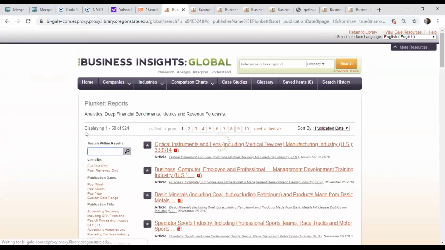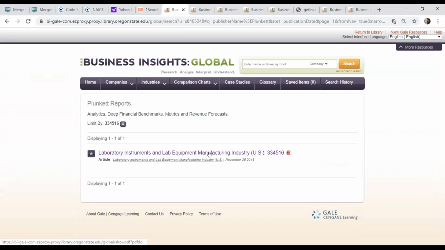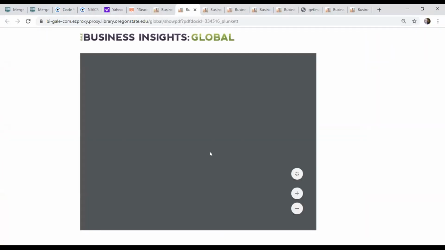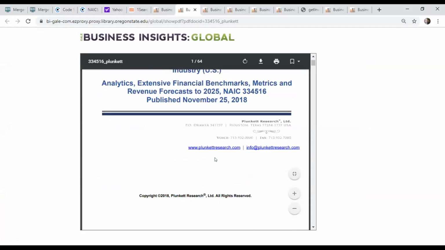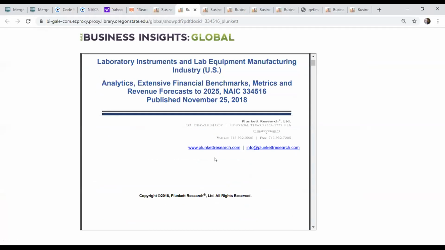And I just searched that by NAICS code. And then we get this nice analysis of the forecasts of the industry, some benchmarks from the industry.